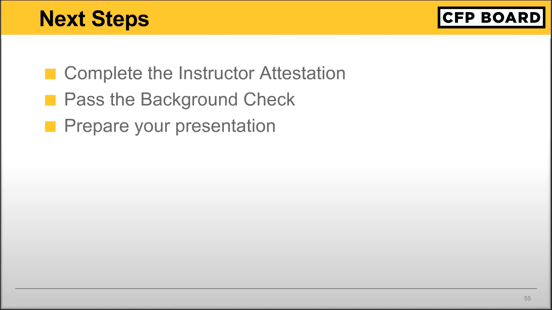Tomorrow morning, you will receive an email from us, not only thanking you for participating in this webinar, but also with a link to the attestation that needs to be completed, as well as a link to a program evaluation.